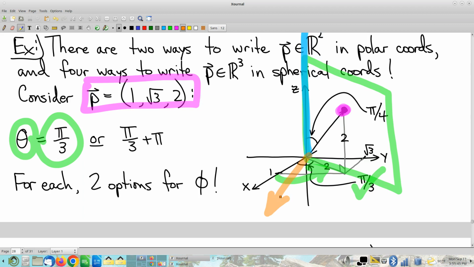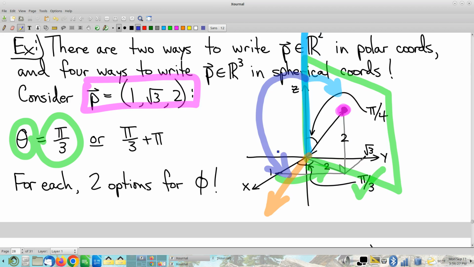And I would get to that if instead of going positive pi over 4, I went negative with phi by the amount that would point me exactly in this opposite direction. And if you think about it, this being pi over 4 means that the amount that I have to go in the other direction is 3 pi over 4. But keep in mind, because I'm going in the wrong direction, I'm going away from the theta half plane, this value of phi here is negative 3 pi over 4.